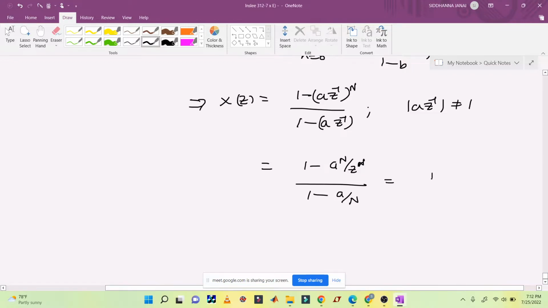Now we can write it as 1 minus a by z, that is z minus a, z to the power N minus a to the power capital N divided by z to the power N, sorry, must write it as power.